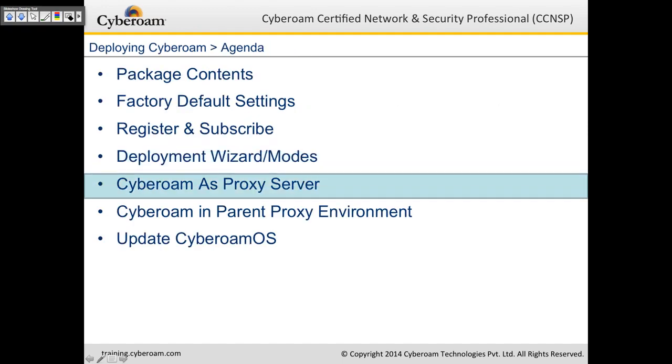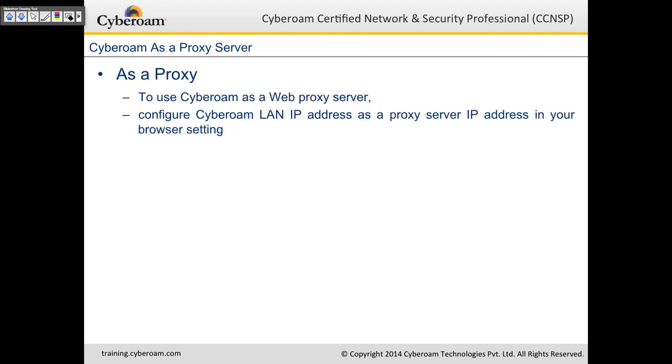Now let's have a look at how can you use Cyberoam as a proxy server. You can also deploy Cyberoam or use Cyberoam as a proxy server. So to use Cyberoam as a proxy server, you need to go to the Cyberoam configuration and enable the proxy server IP address and just select the port number. All you need to do in your end computers is in your browser point the proxy IP address to the Cyberoam interface.